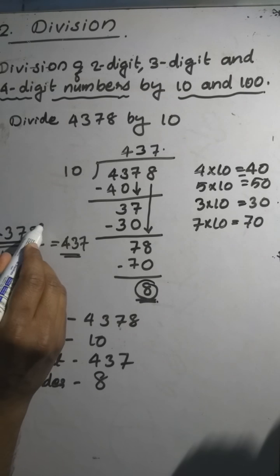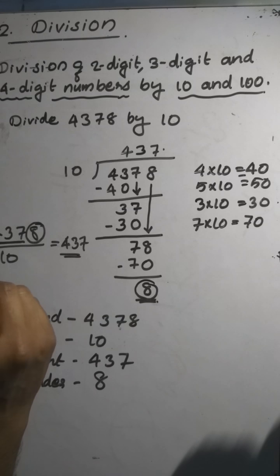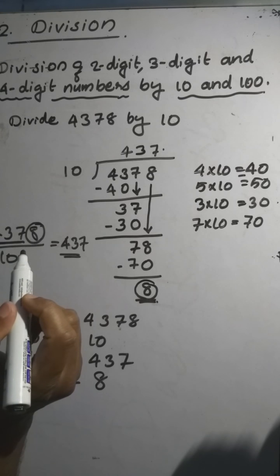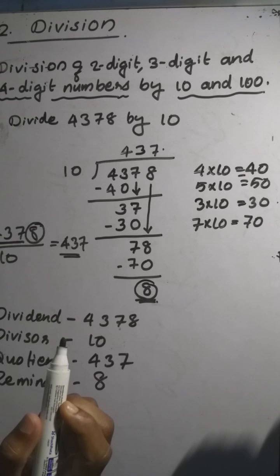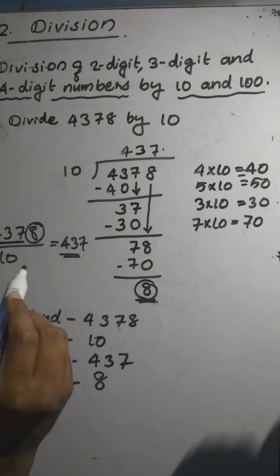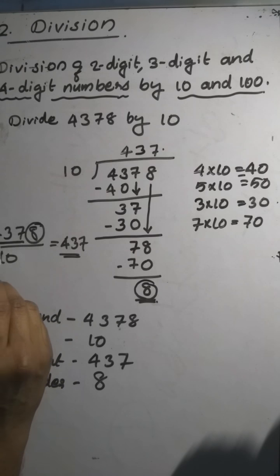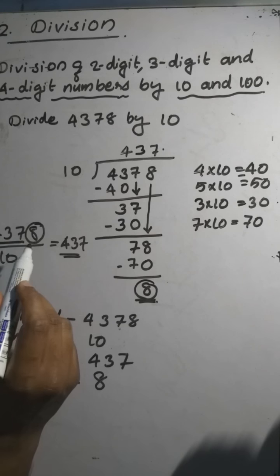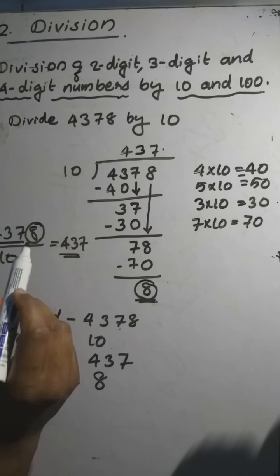Here in this number, 8 is the ones place digit. So we can reach a conclusion: for dividing any number by 10, we take the number up to the tens digit as the quotient, and the last digit, that is the ones digit, will be the remainder.